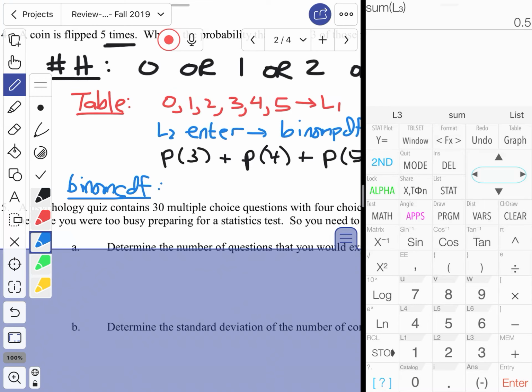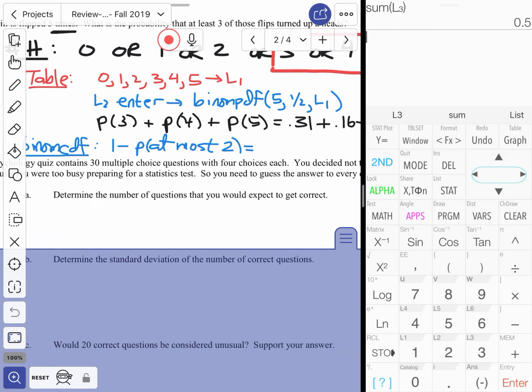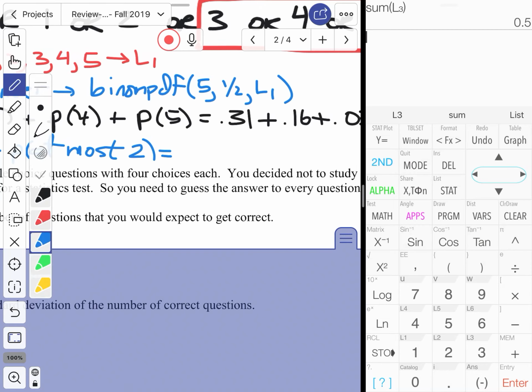So in this case, I'm looking for at least 3. So what I would do is find 1 minus the probability of at most 2, because that's everything else. It's the complement, which in notation form would be 1 minus Binompdf.